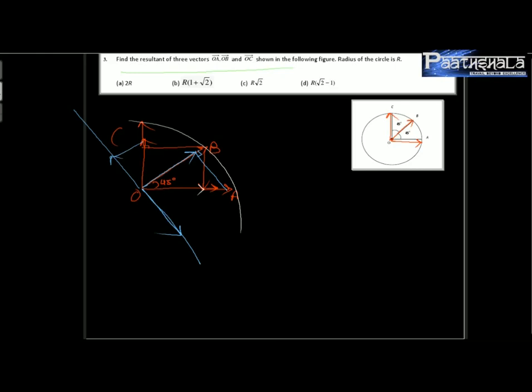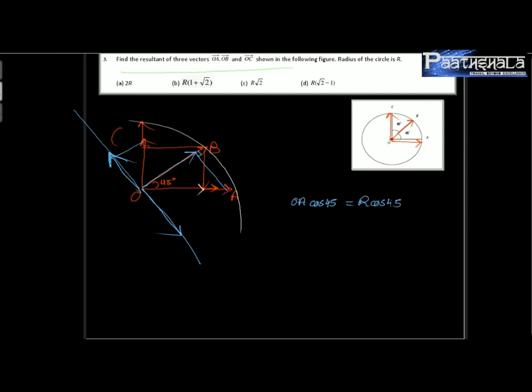Since OA and OC are equal in magnitude and equally inclined to the vector OB, logically the components that are perpendicular to OB are going to get cancelled, and only the components of OA and OC that are along OB are going to get added. So the component of OA along OB is nothing but OA cos 45. This we have seen in rectangular resolution. So that comes out to be R cos 45.